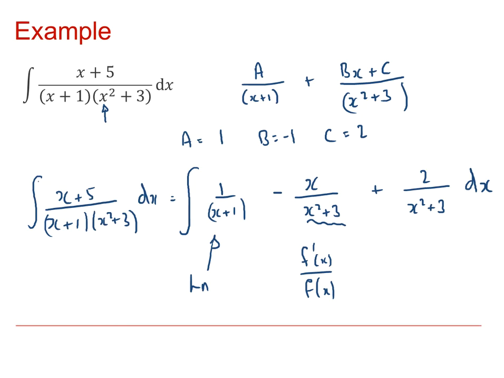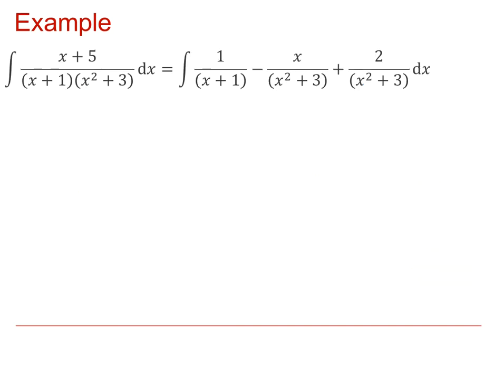And finally, we've got something which is a standard integral of the form 1 over a squared plus x squared. So this is a standard integral which is of the form arctan. So the partial fraction work has given us the result here.